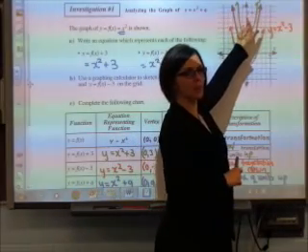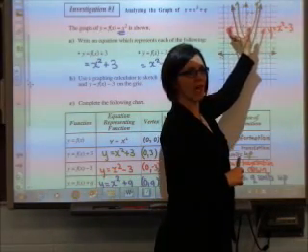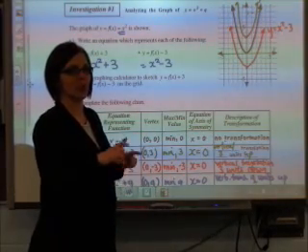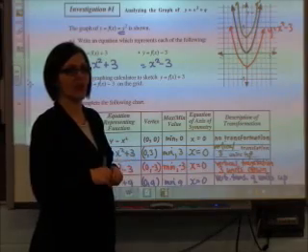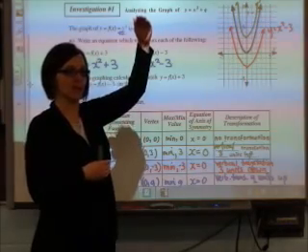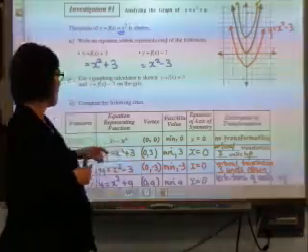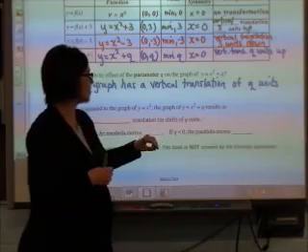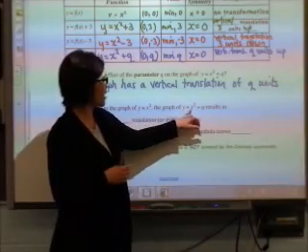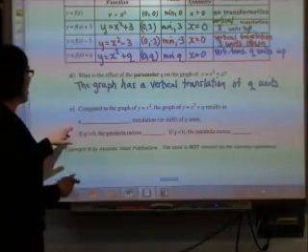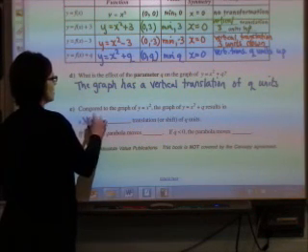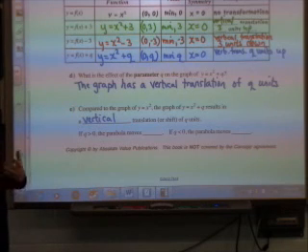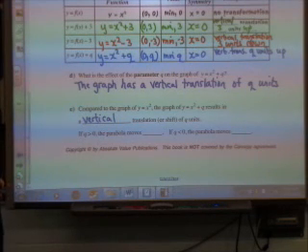All three of these graphs point in which direction? Up. Graphs that point up have minimum values. Graphs that point down would have a maximum value because it would have a high point. Okay? So compared to the graph of y equals x squared, if I have the graph of y equals x squared plus q, I get a vertical translation or shift or slide of q units.